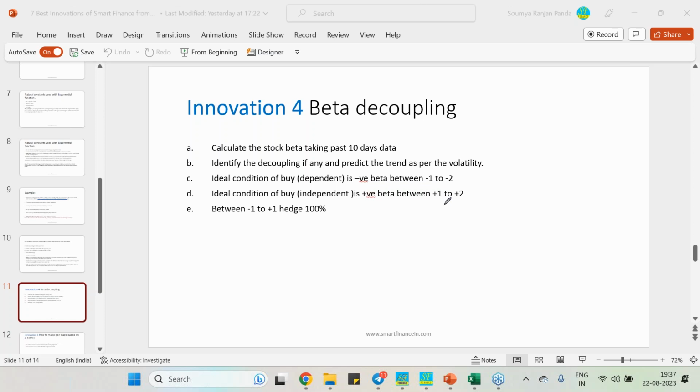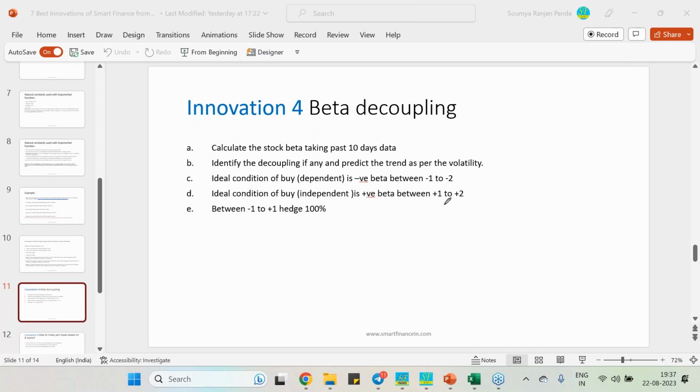It is expected to move this much, but it has moved less than that. That is called decoupling. And this shortfall accumulates and finally gives you a figure or creates an opportunity where you should buy or sell.